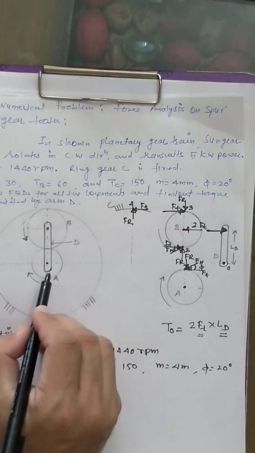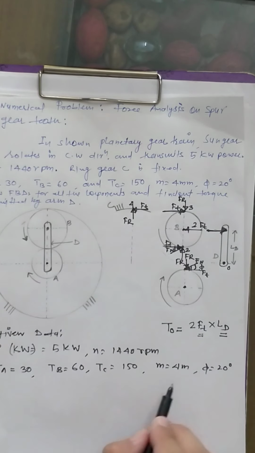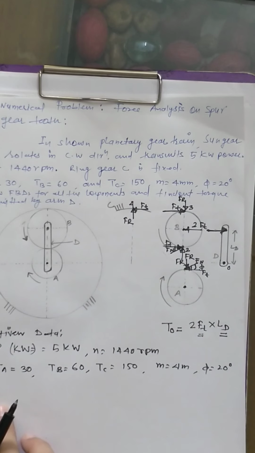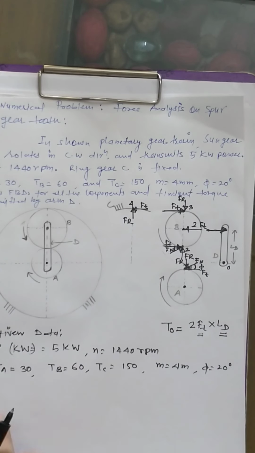First of all, from the definition, module equals pitch circle diameter divided by number of teeth.